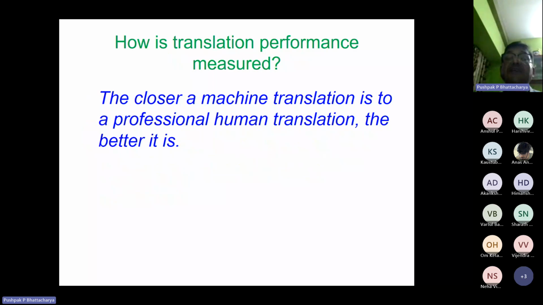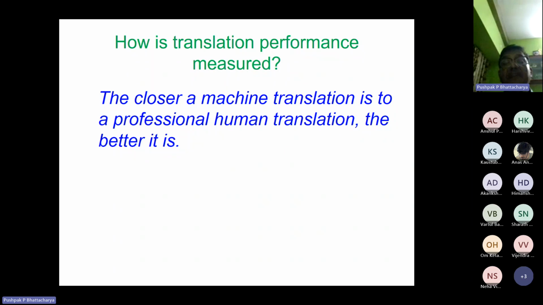So how is translation performance measured? The closer a machine translation is to a professional human translation, the better it is. So therefore, we'll have to compare the machine translation output with the human translator's output. So clearly now we are pointing towards a case of reference translation, what is called reference translation.